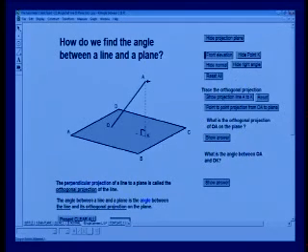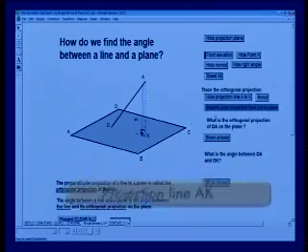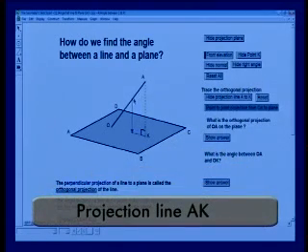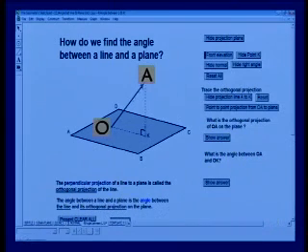A will be projected perpendicular on the plane, and this is a point K. Okay, all the points here will be projected on the plane. Did you notice that? So this OA is projected on the plane.